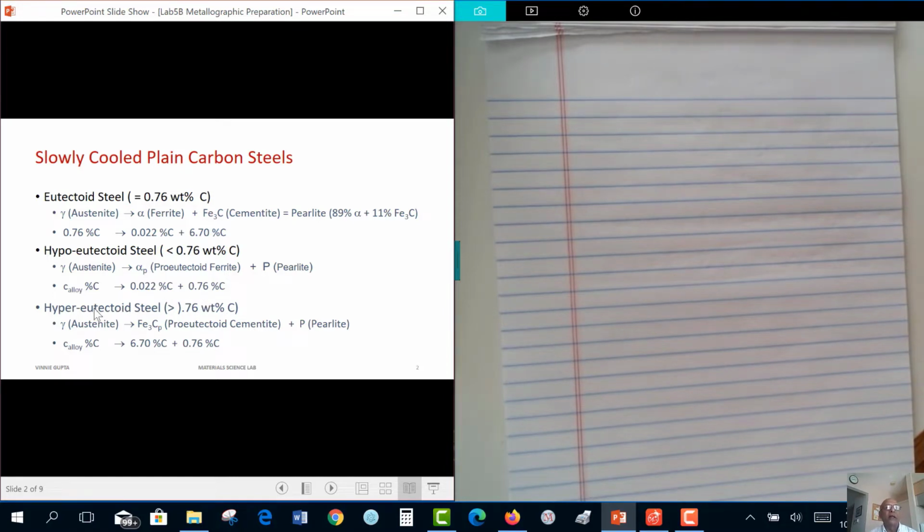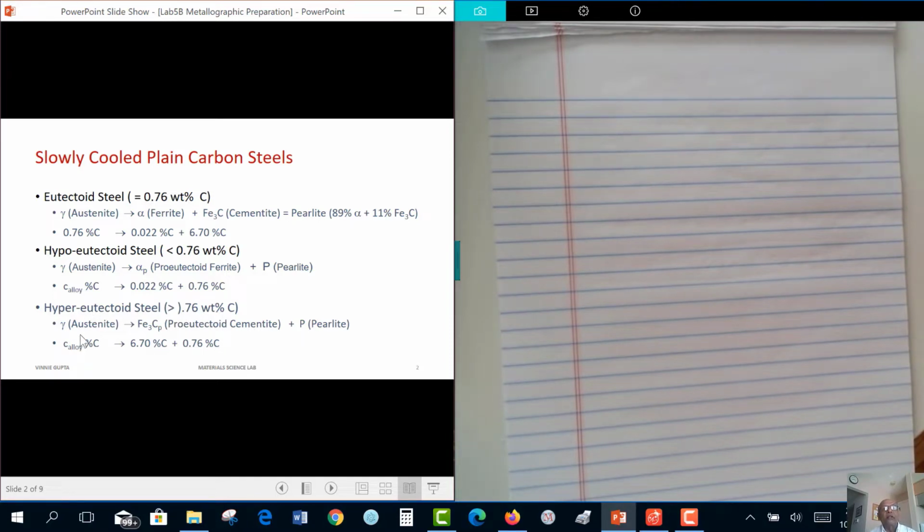If, on the other hand, our alloy composition is more than eutectoid, that means it is hypereutectoid steel, having higher than 0.76% carbon.